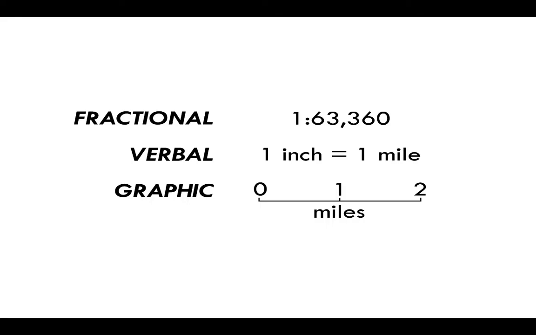So on a good map, you would ideally have all of this stuff written out, okay, so that it's clear, or at the very least, you want to have that fractional scale to start with, maybe with a graphic scale as well. The verbal, you can kind of figure out if you got the graphic, but ideally, we're going to have all three on a map because it just makes life easier so you don't have to overthink stuff.